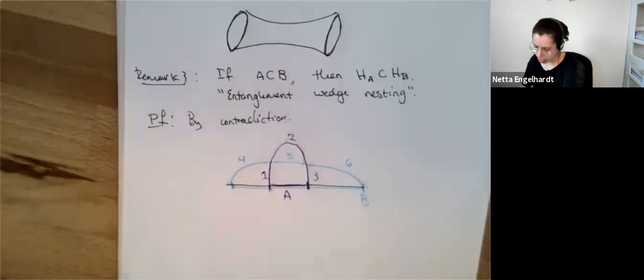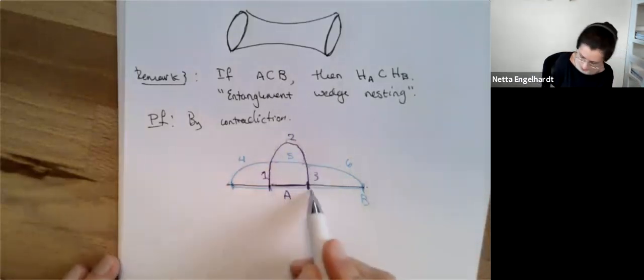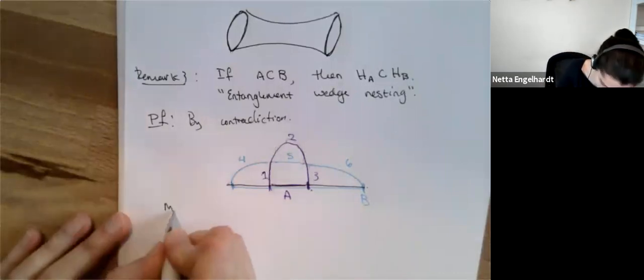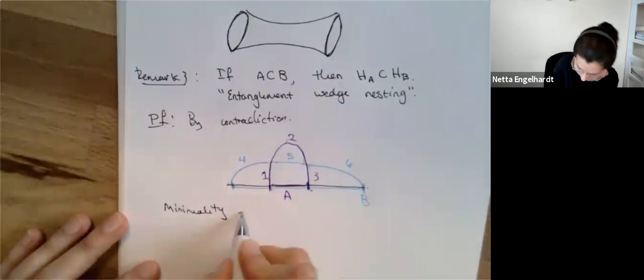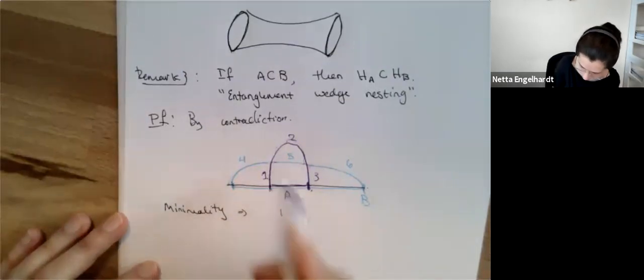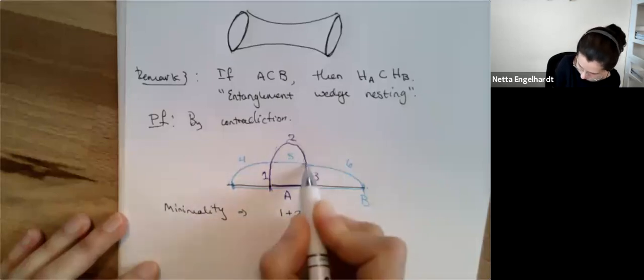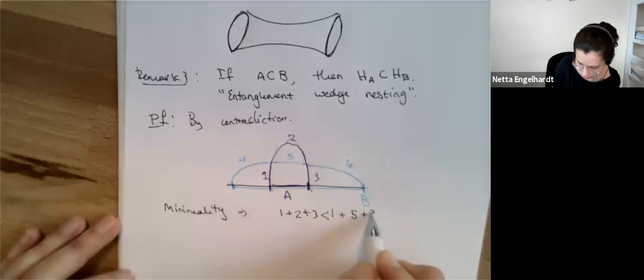So minimality, we know that this is the minimal area surface homologous to A. So minimality tells us that 1 plus 2 plus 3 is less than 1 plus 5 plus 3.